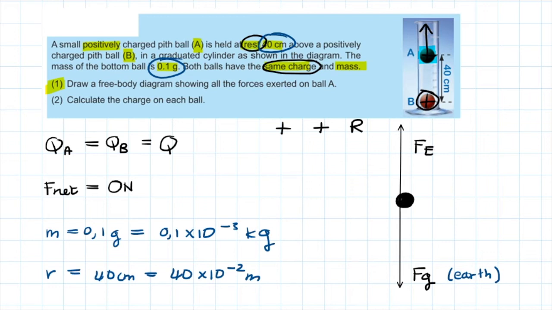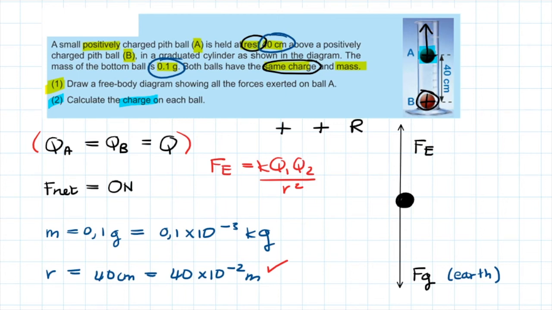Now question number 2 says calculate the charge on each ball. We know that the charges are exactly the same. And since we have the distance between the charges, we might want to use Coulomb's law. Coulomb's law says Fe, the electrostatic force, is equal to K Q1 Q2 divided by R squared.